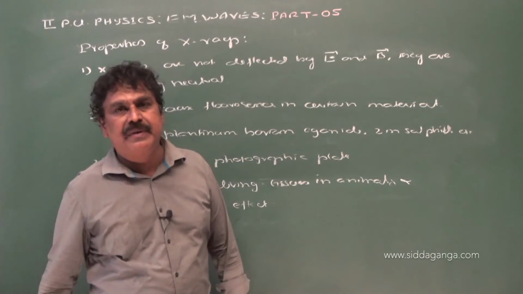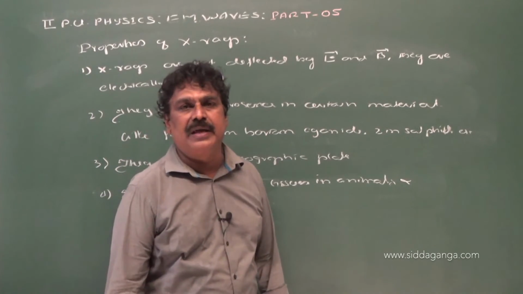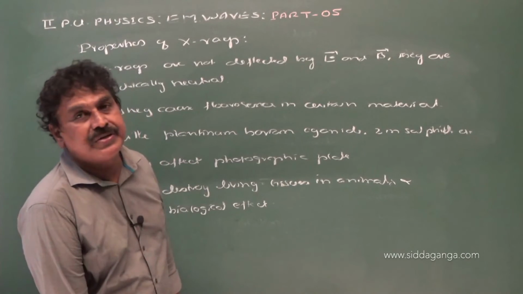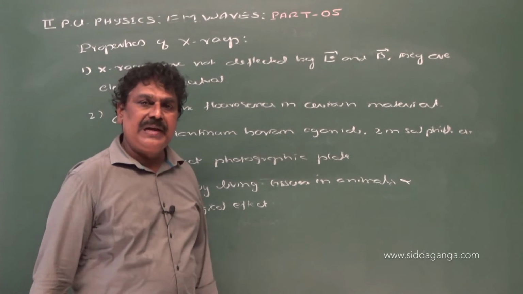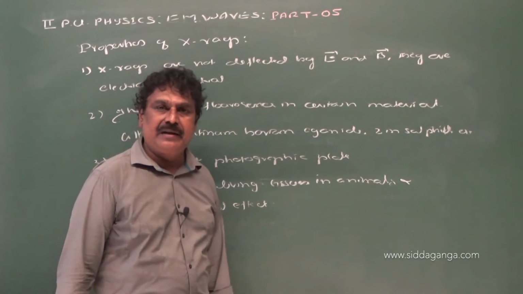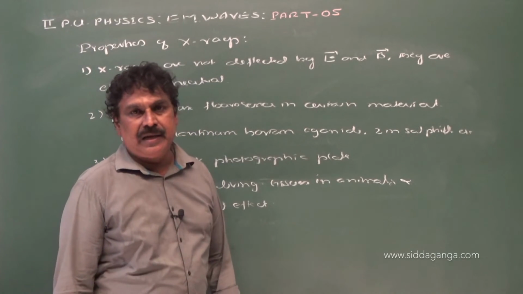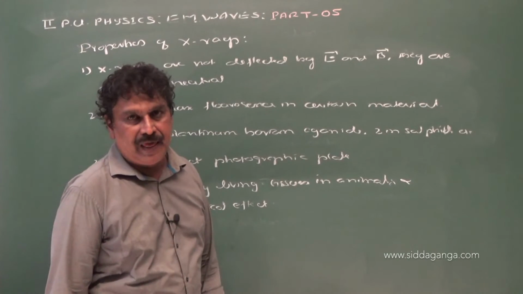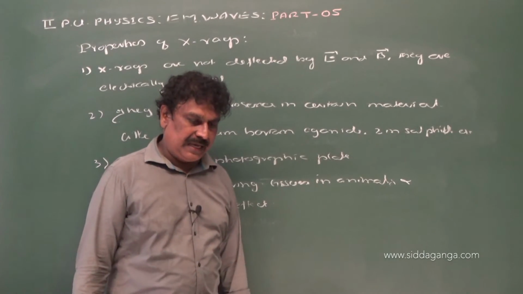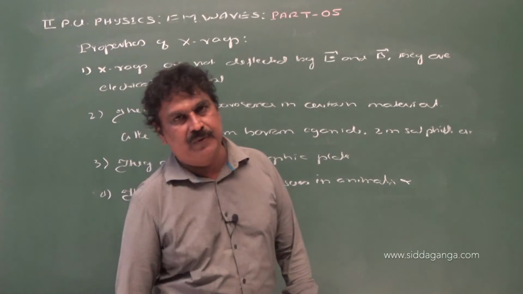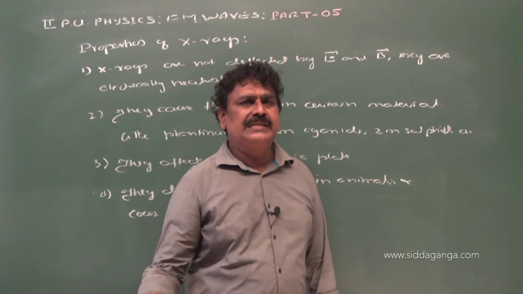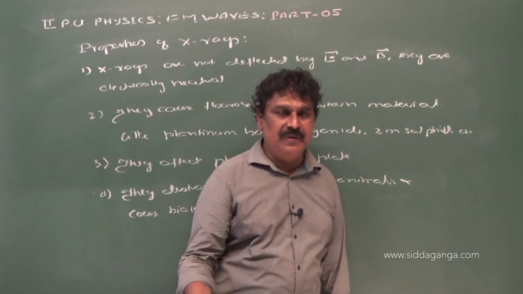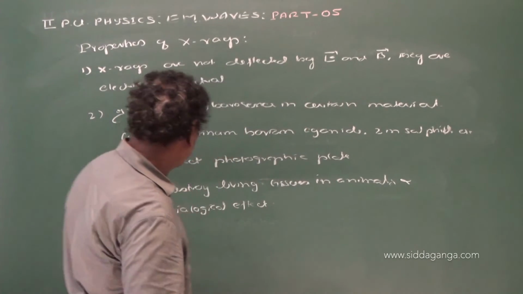A long time exposure of human body to X-rays may damage the living tissues. When living tissues get damaged, there are so many diseases and problems, that is the biological effect. Therefore, whenever we are taking X-ray photography to detect a fracture or anything, our body is exposed for a fraction of a second to X-rays.